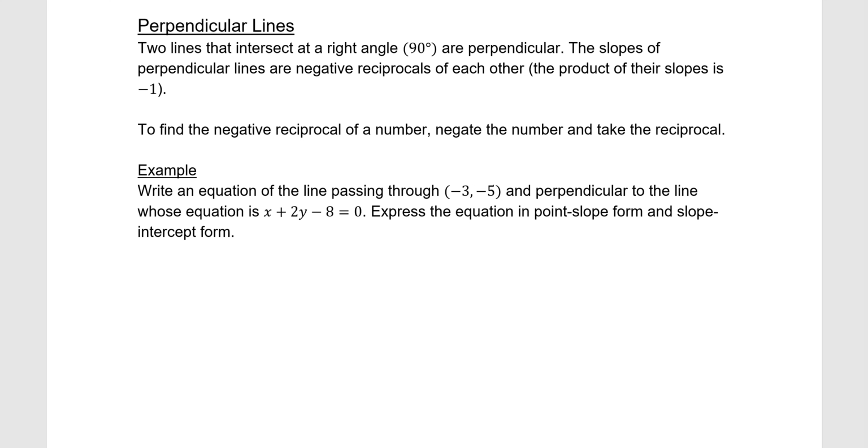If we multiplied them together, we would get negative 1. So what that means, to find a negative reciprocal of a number, we have to negate the number and take the reciprocal, or you can take the reciprocal and then negate it. So you switch the sign, positive to negative or vice versa, and you reciprocate it.